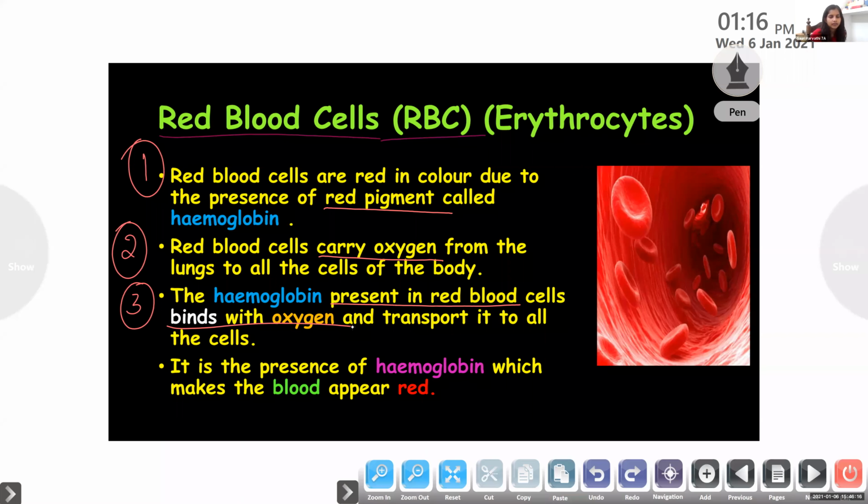Okay, so hemoglobin, which is present in the RBC, gives a hand to the oxygen. Binds, B-I-N-D-S, means catches, holds. It holds oxygen and transports it to all the cells.